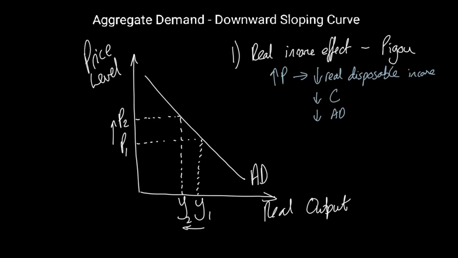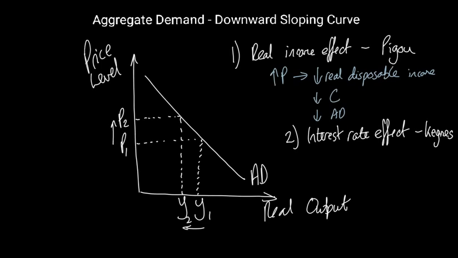Now, the second one is slightly more complex, so we're going to whip through it quite fast. It is called the interest rate effect. It was proposed by an economist who, if you haven't already heard of, you will do a great deal, which is John Maynard Keynes.